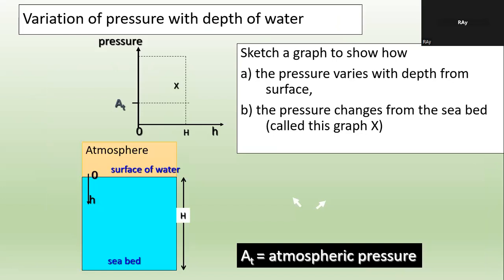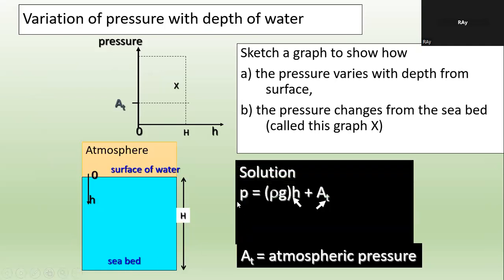Okay, sketch a graph to show how the pressure varies with depth from the surface. If we take our surface as 0 and H as a depth, that's the depth of the water, capital H, and the bottom is the seabed. So we write a formula.